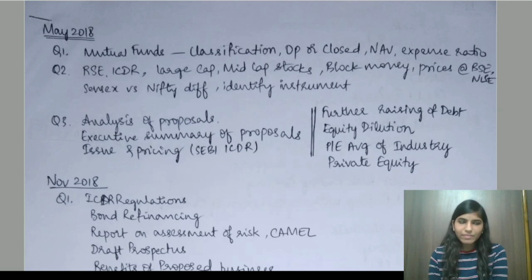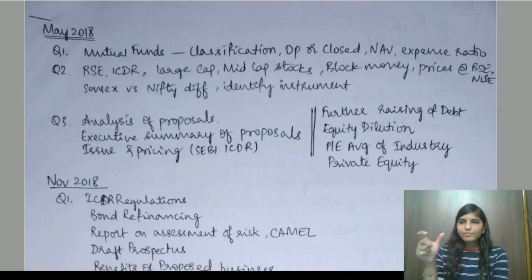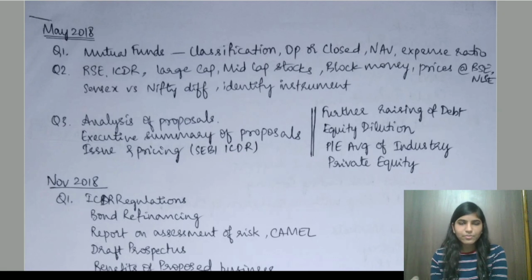Let me tell you how I prepared this and what were my thoughts behind doing so. Here, as you can see, I have mentioned the name of the attempt. Then I have noted down the number of case studies asked in that particular attempt. Then for each case study, I have mentioned the chapter or the particular topic which is being questioned and the subtopics in that chapter.